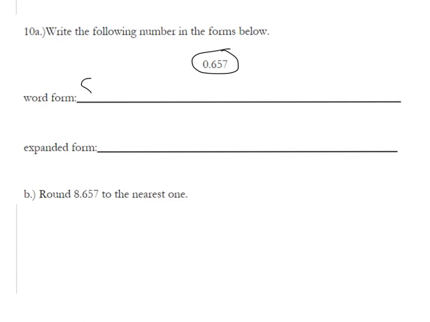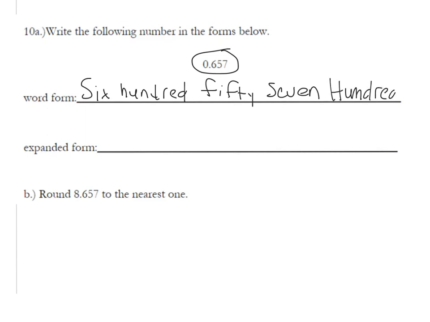So 657, and this is where we know it's a decimal point right here. Hundredths. T-H-S. That T-H-S always clues us in that it is a decimal point. So 657 thousandths. My writing is a little bit sloppy on the iPad, so my apologies.